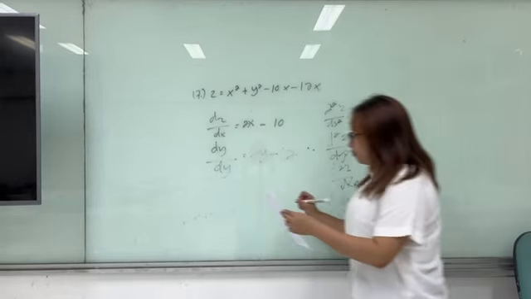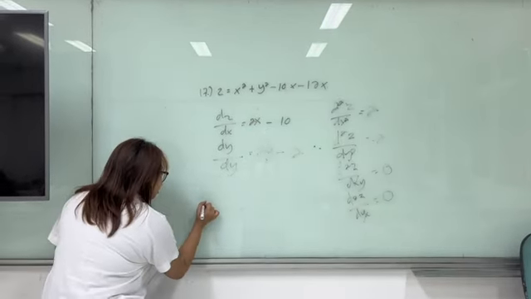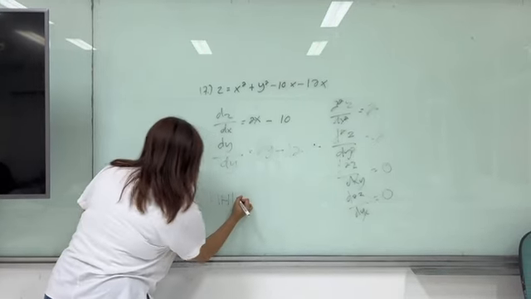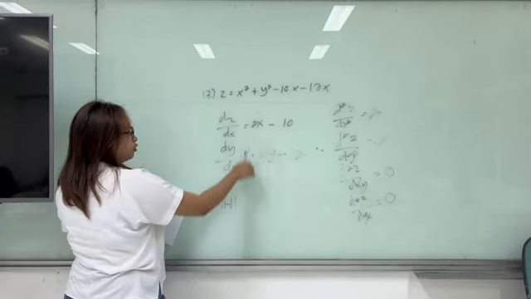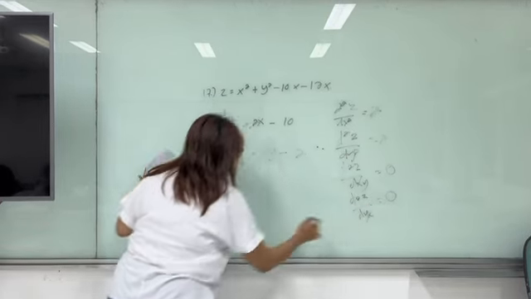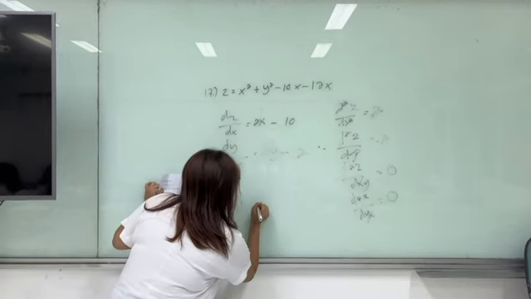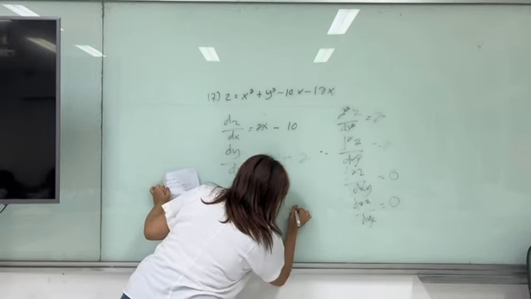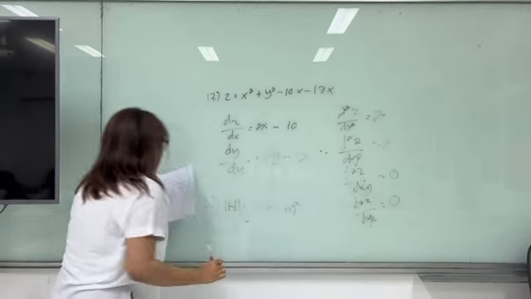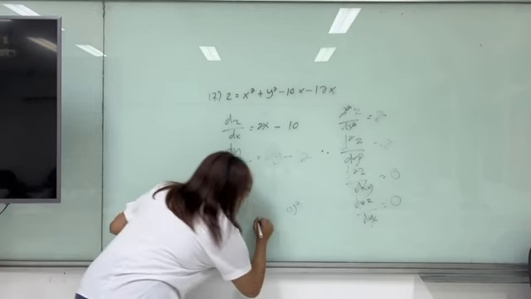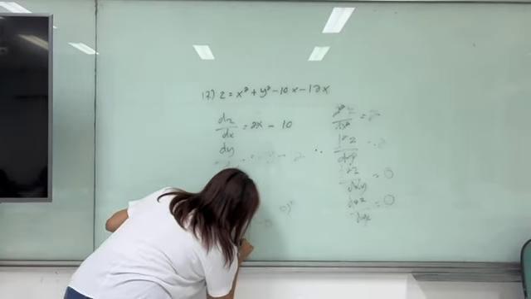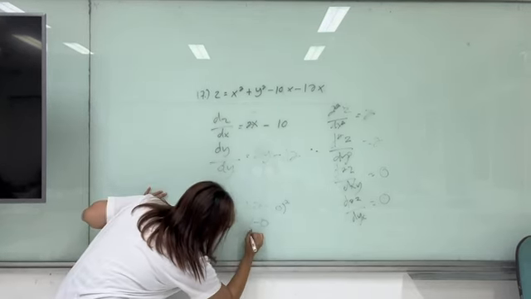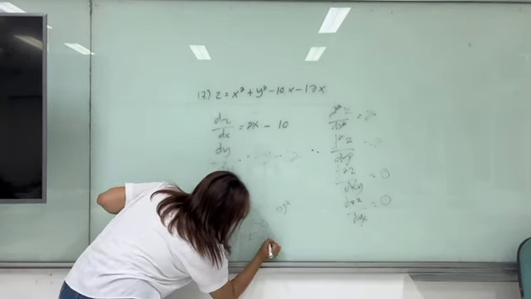So the last we have to search the discriminant D in here. So we put this 2 and 0 in here. So 2 times 2 minus 0 squared, so the result will be 4, more than 0.